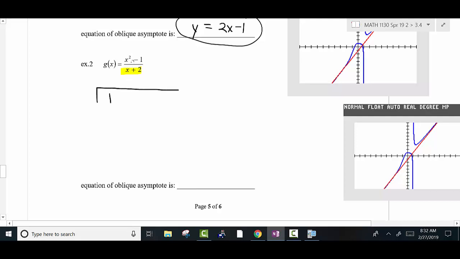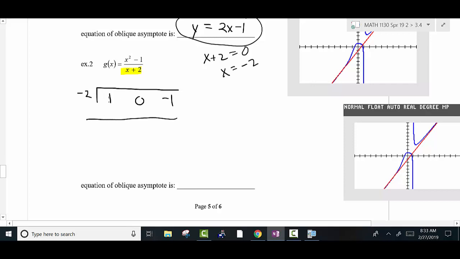You have a missing term, so we're going to put 1, 0, negative 1. What do I divide by, 2 or negative 2? Negative 2. Remember, if you set that denominator equal to 0, that gives you negative 2, so make sure you get the sign right. The nice thing about synthetic division is it's super easy.